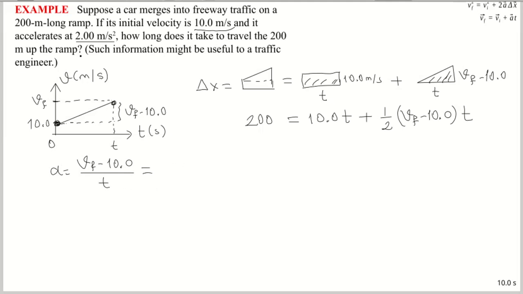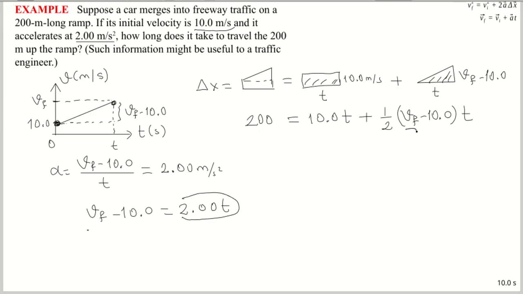The final answer should match the given acceleration, 2 meters per second squared. From here we drop the units as well. So we write v final minus 10 is 2 times t. Whenever I see v final minus 10, I can use 2 times t.